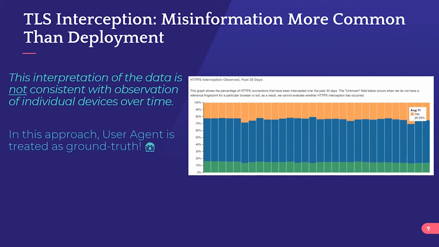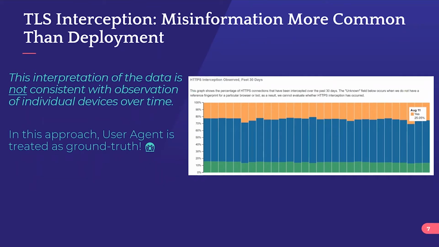These are really core, common questions. And it turns out that when we look under the hood of graphs like this, what they're doing is using user agent for ground truth. Organizations like Cloudflare terminate the TLS session, so they can extract the TLS fingerprint, and then they say, okay, this fingerprint belongs to this browser.